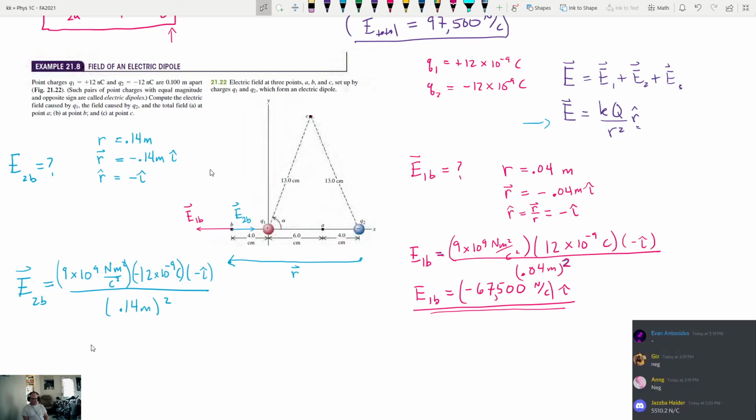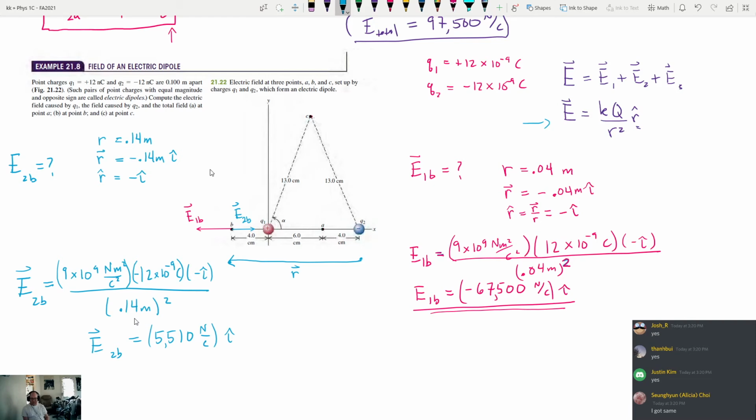And what did you all get for this answer for E2B? 5510. That seems reasonable to me. Did anybody else get the same answer? And notice negative, negative, we're going to get a positive I hat out of this. Same thing. Okay. I'm just going to trust you all.